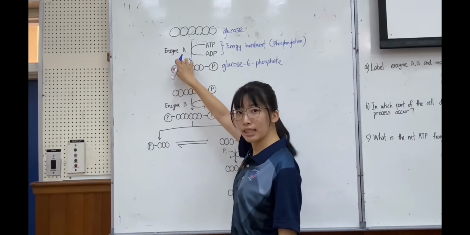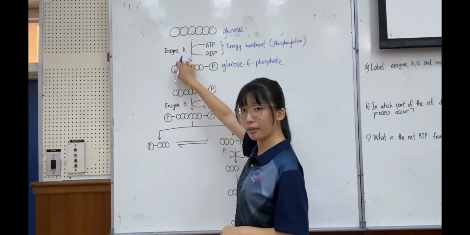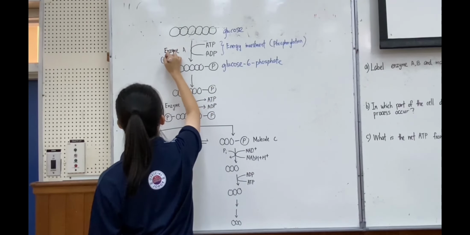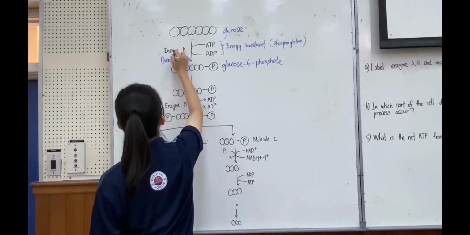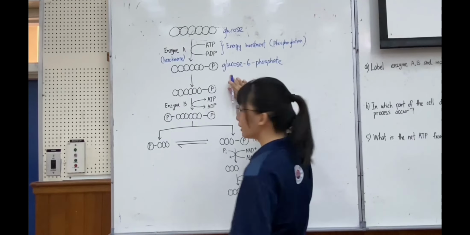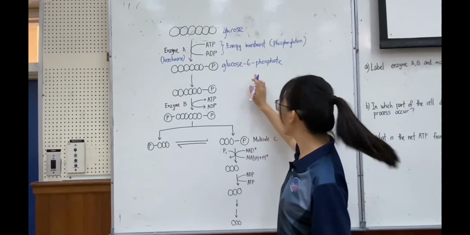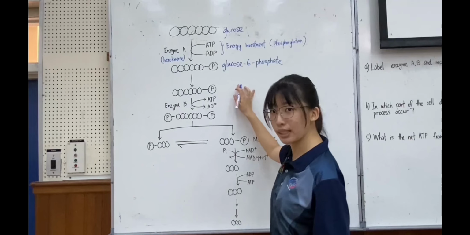And during this process, it is catalyzed by an enzyme called hexokinase. And later, glucose 6-phosphate will undergo isomerization, and it will rearrange into fructose 6-phosphate.